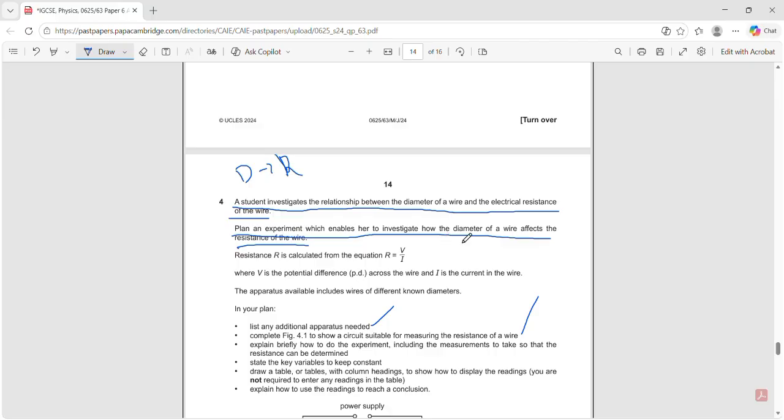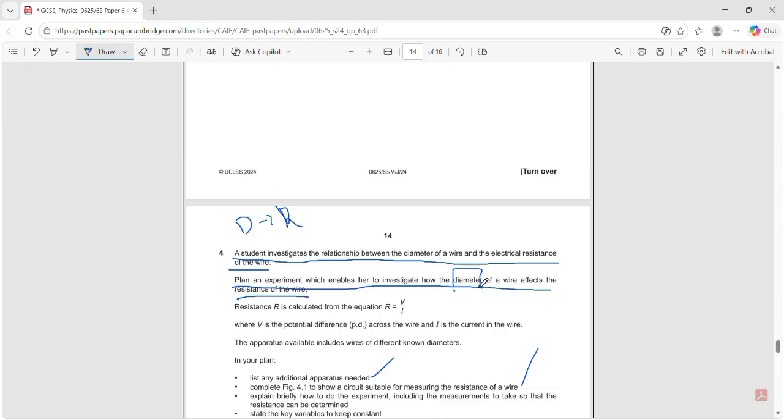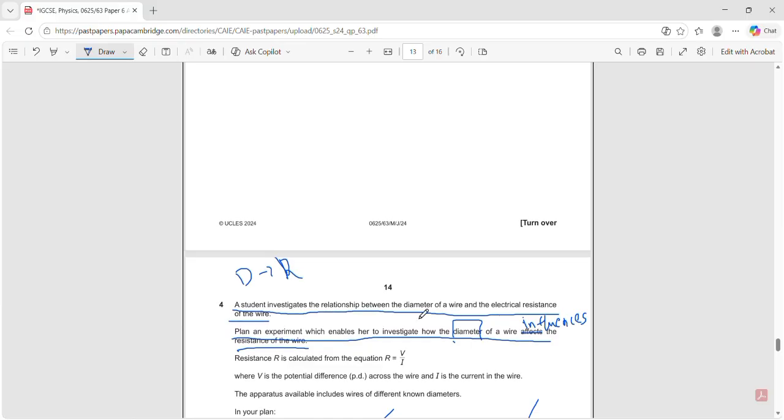Now, how the diameter of a wire influences the resistance. So what thing is influencing the other?